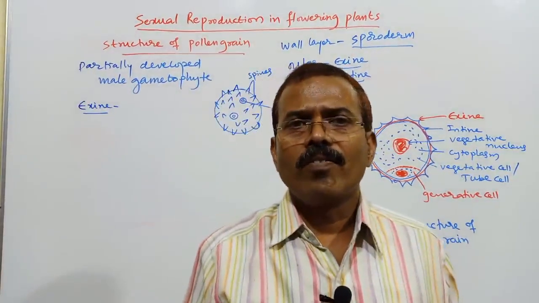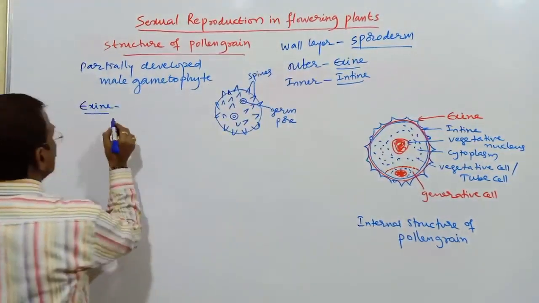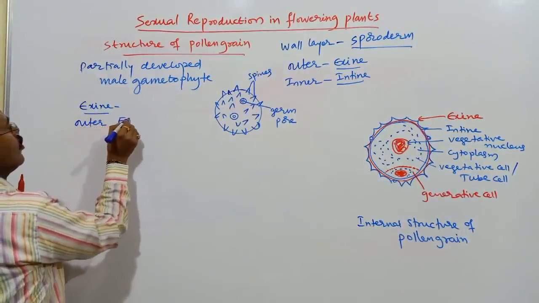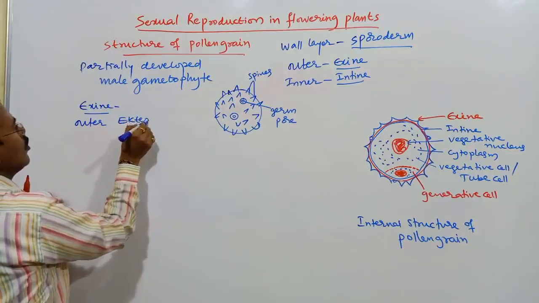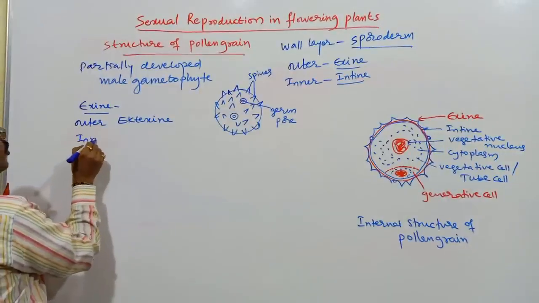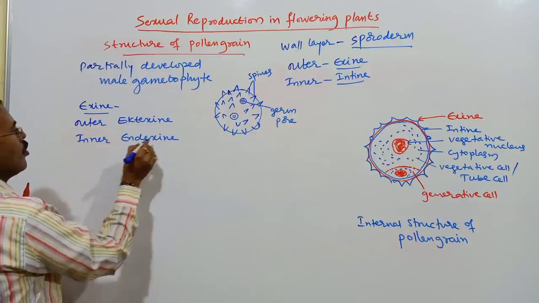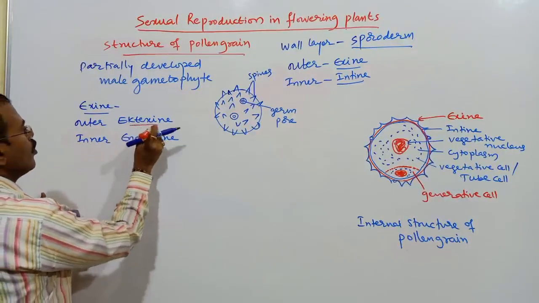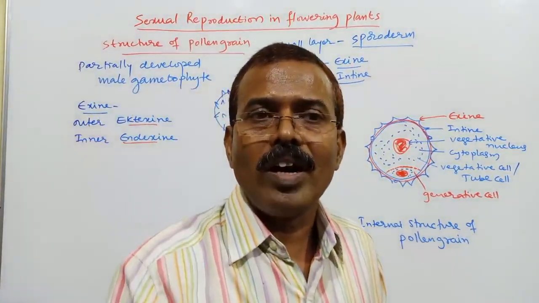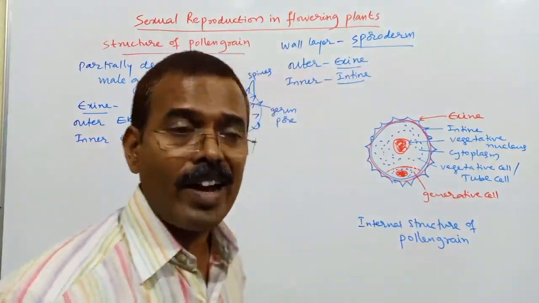The exine layer is further differentiated into two layers: outer ectexine and inner endexine.